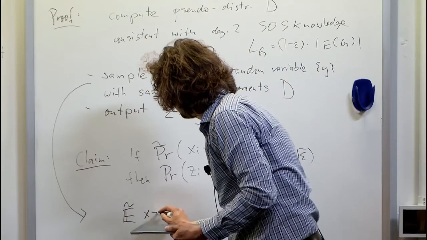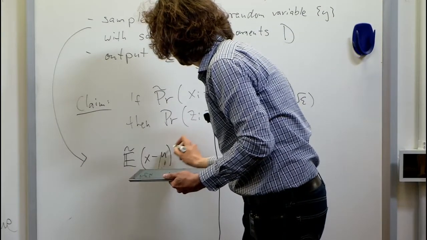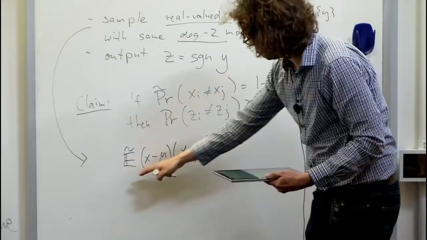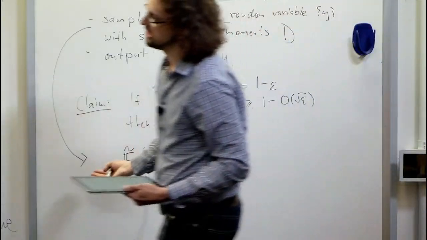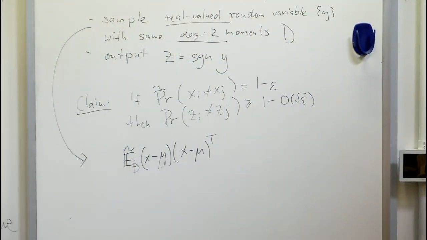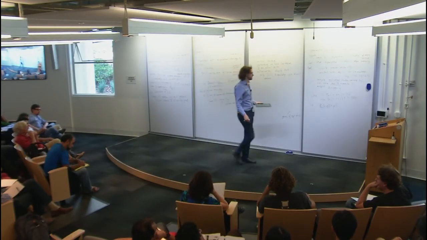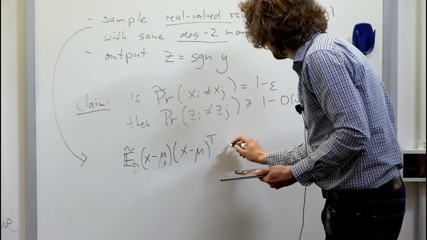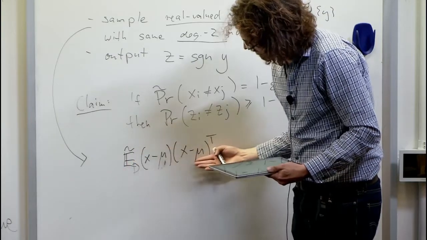We look at the following matrix. And this notation means exactly the same as here. So we use D to weigh these matrices. We get a new matrix, and we will sample a Gaussian that has this covariance matrix.